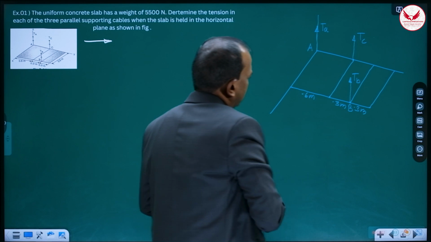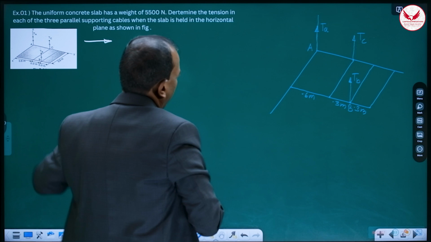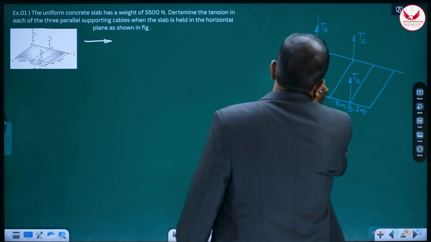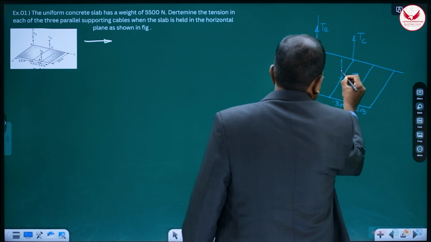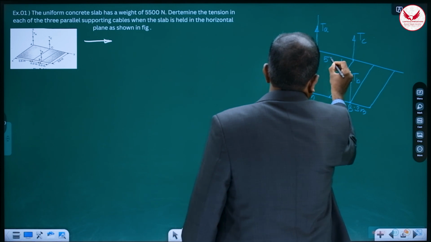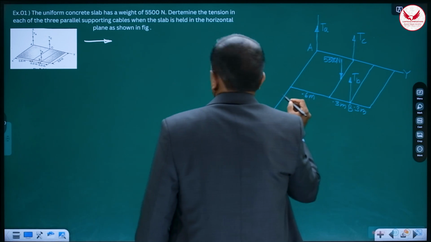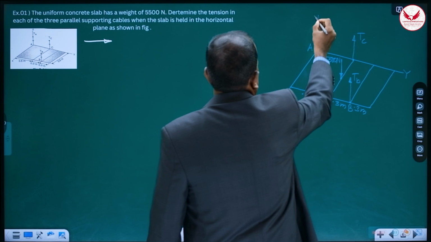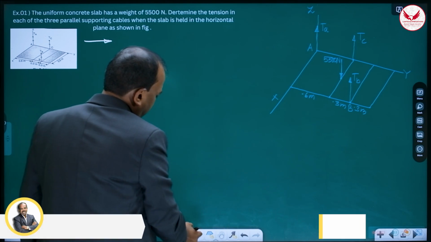So these are the 3 forces. At the same time, we have to show its weight also, where the weight will be exactly at its center. That means it is something like this, vertically downward force, and it is 5,500 Newton. So it is y-axis, it is x-axis, and it is z-axis. So it is what? The free body diagram.